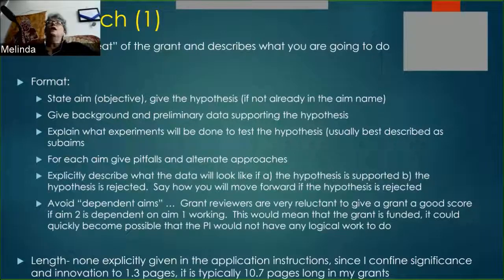They don't want detailed protocols. But what they do want is a description of the experiments that you're going to do. They want a very clear understanding that you know the pitfalls of these experiments, and the alternate approaches that you could take if those pitfalls happen.